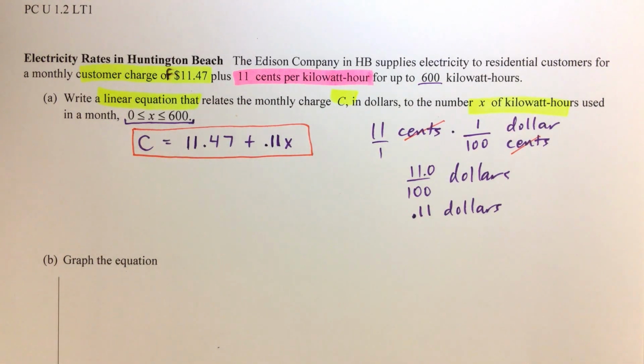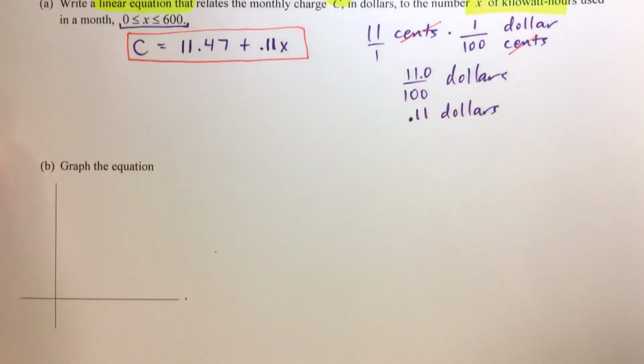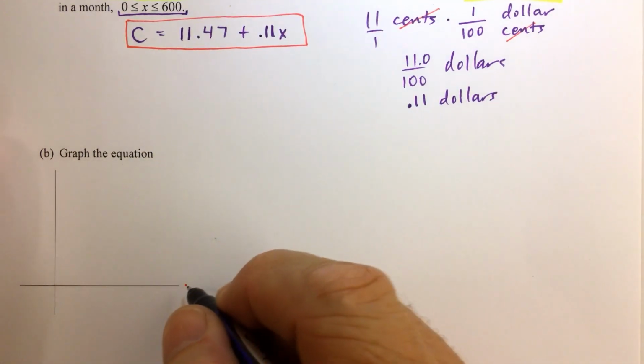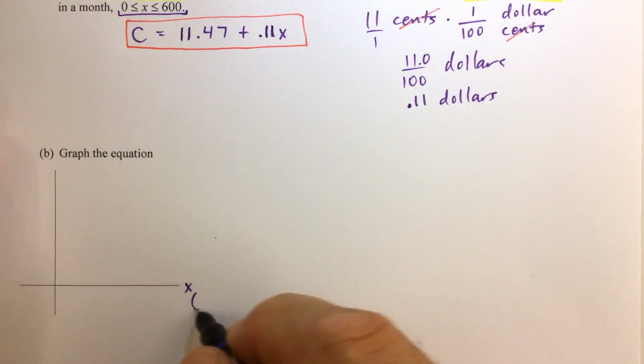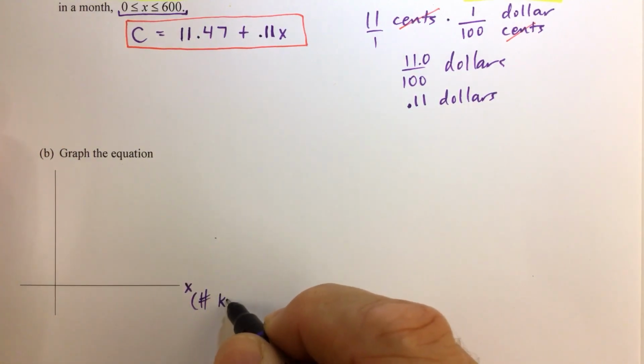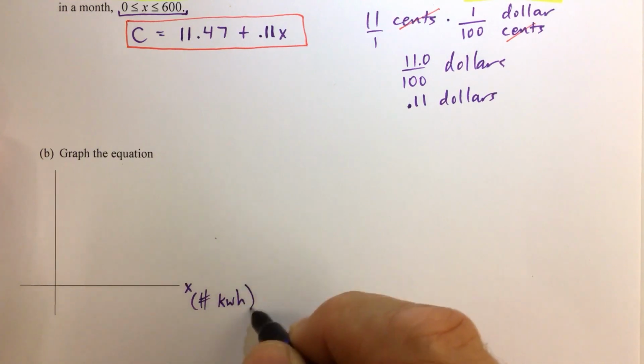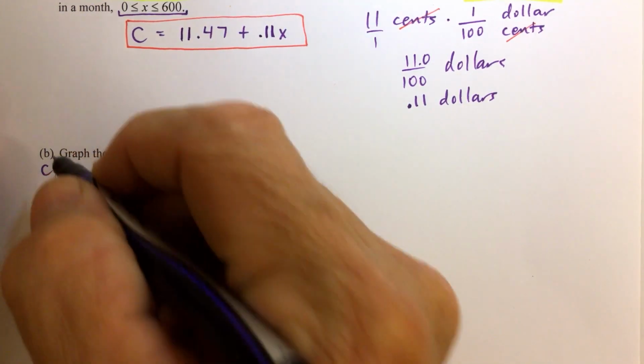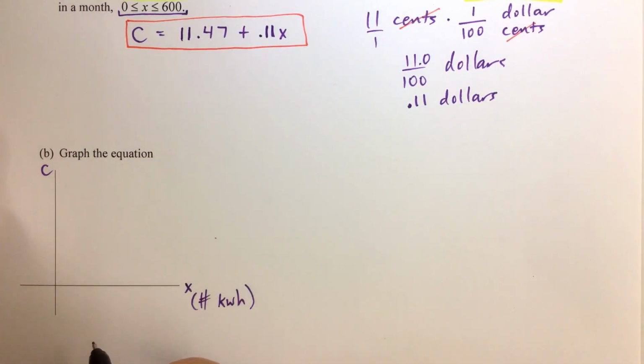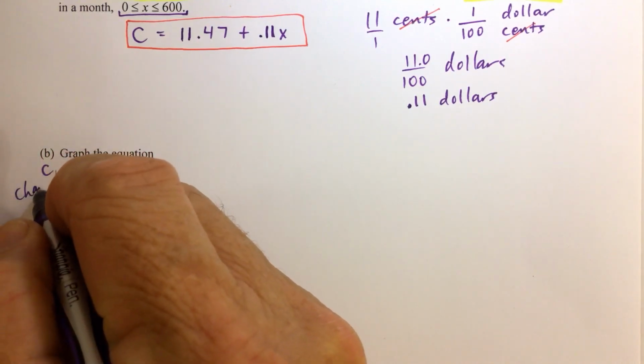So if we graph that, x is going to represent the number of kilowatt hours used, and C is going to be the charge in dollars.